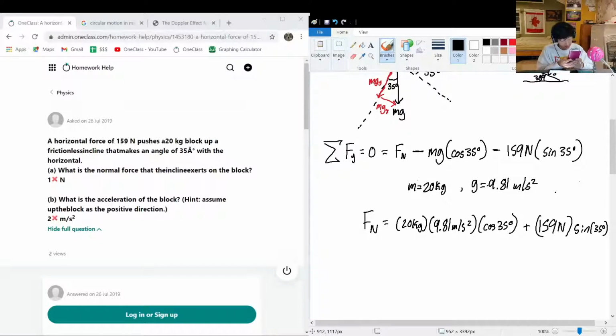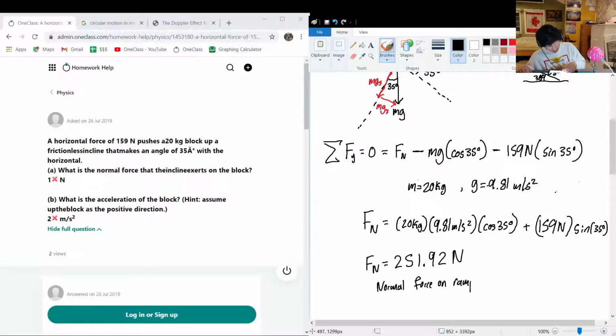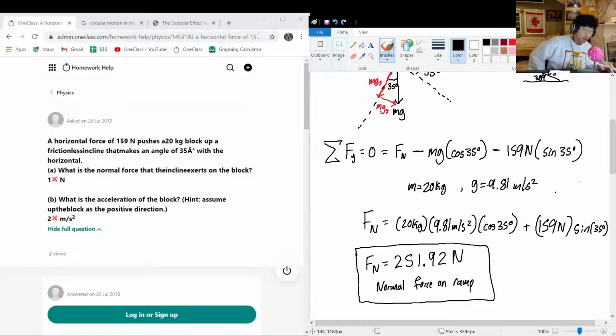Plus 159 times sine of 35 degrees, and our final result for the normal force is equal to 251.92 newtons. Okay, awesome. So this would be our normal force on the ramp. Awesome. So that is part A of this question finished.